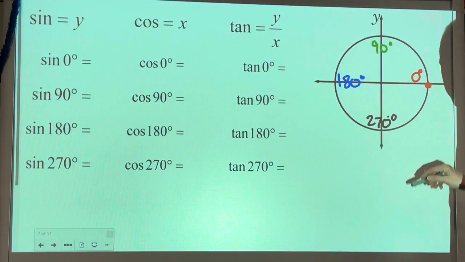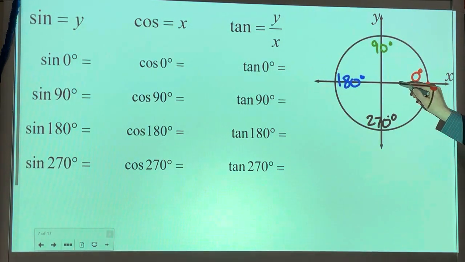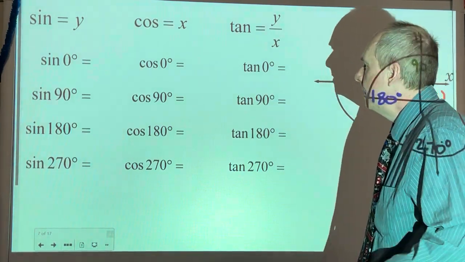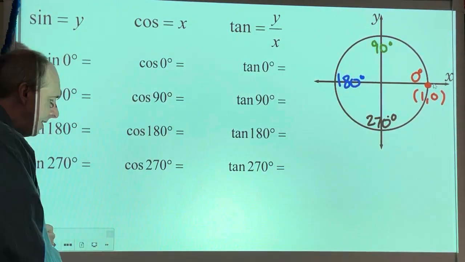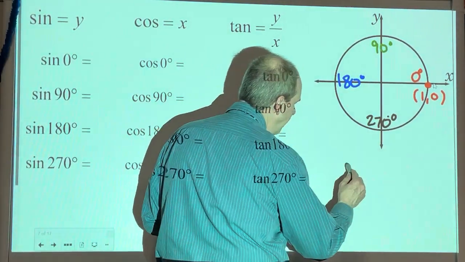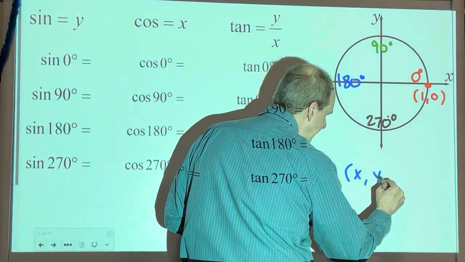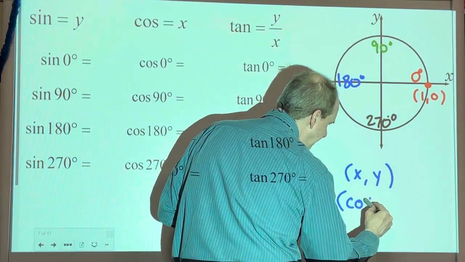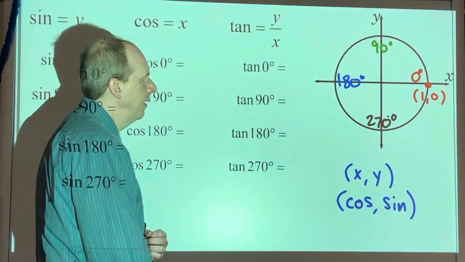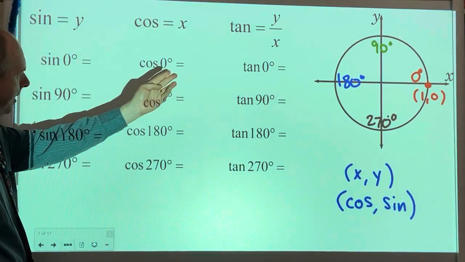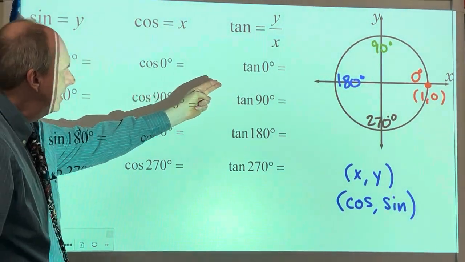Let's talk about 0 degrees. Our point, 1 unit out, would be 1 comma 0. So if we were to find the sine of 0 degrees, keeping in mind x and y, cosine is first, sine is second. Cosine is first, it's the x.